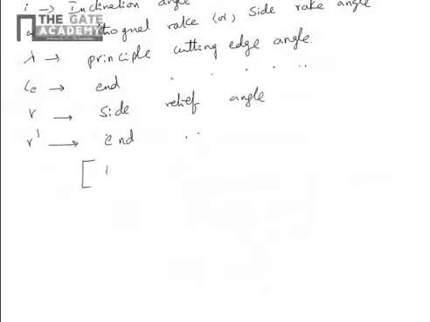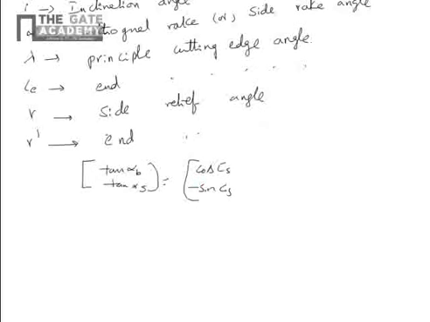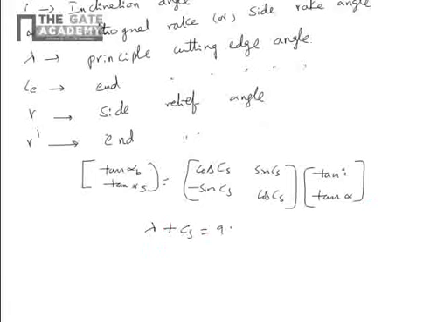For example, tan alpha B and tan alpha S equal to the matrix cos CS, minus sin CS, sin CS, cos CS times tan I and tan alpha. So this is one of the matrix formulas used to convert from one system to another system. There is another one, lambda plus CS equal to 90.